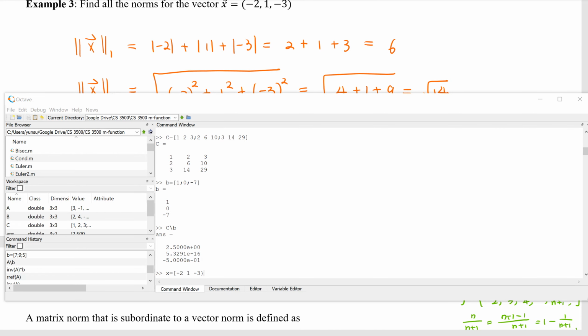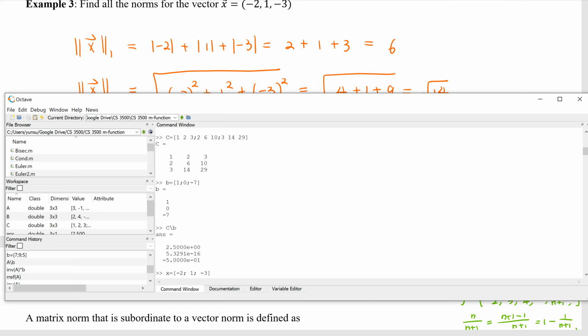Oh, by the way, we need a column vector for x. It has to be a column vector, and then the L1 norm, because we can consider a vector as a special case of a matrix, right? And then the L1 norm is the maximum of the column sum.